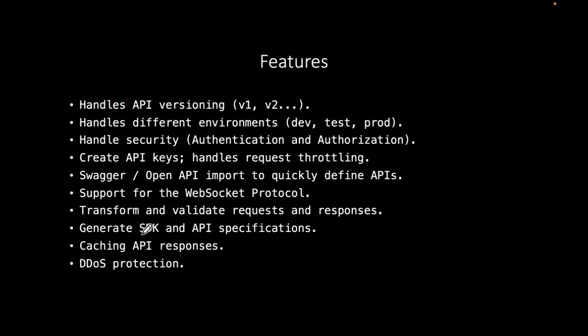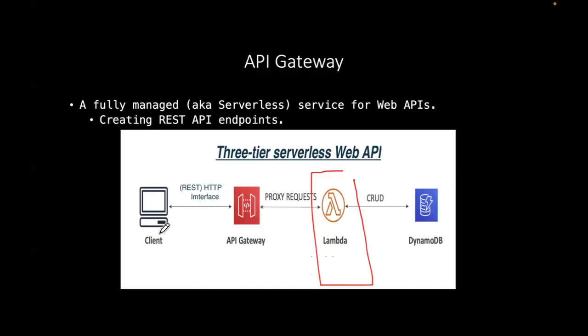You can get the API gateway to generate an SDK of your web API. Again, if I go back here, rather than whoever develops the client for communicating with your web API having the client send raw HTTP requests and programming that into the client software, it would be nice if there was an SDK that came with the web API that you had developed, an SDK that the client can actually use.